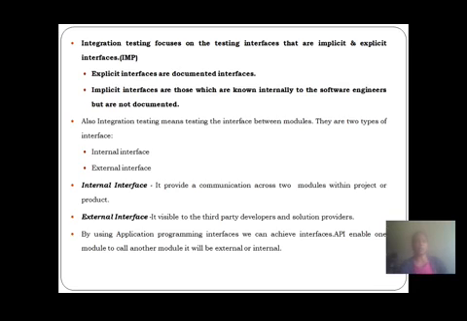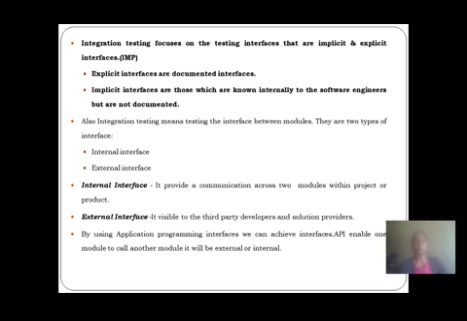Now see, any product or project is a combination of different modules, and these modules are developed using the different phases we consider for developing any software application. What are the phases of software development?